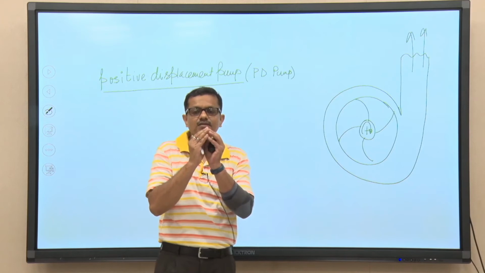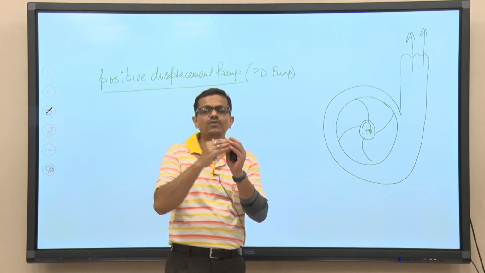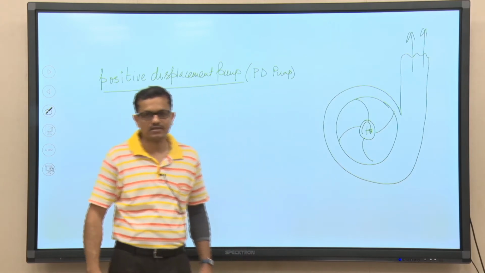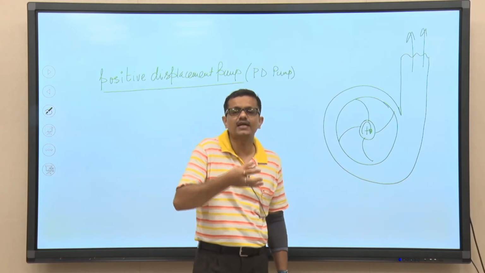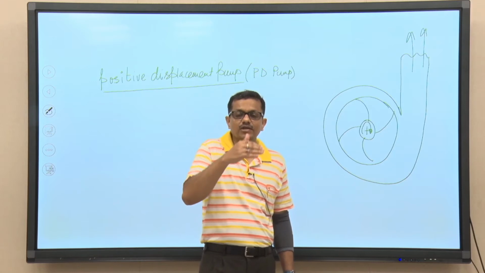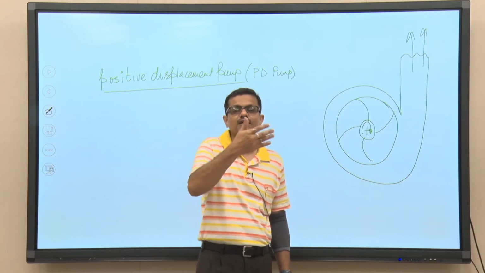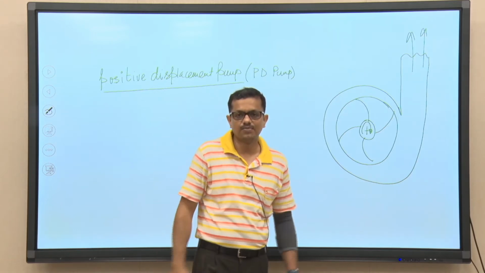In this positive displacement pump we can really identify a certain fluid mass as a control mass system, and the entire fluid volume will be discharged in the next temporal instant. So, the certain fluid mass which is identified at a temporal instant will have a boundary, and that boundary will be displaced, rather there will be a physical displacement of the boundary occupying that fluid mass in the next temporal instant.